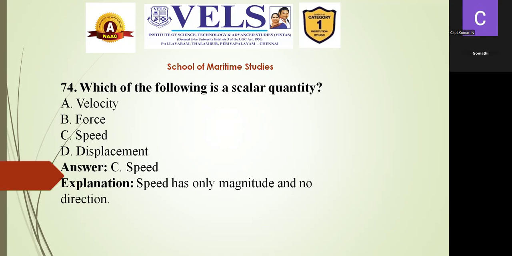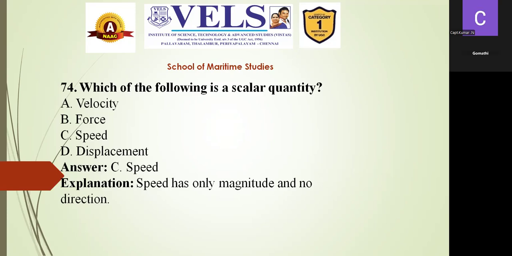Which of the following is a scalar quantity? First, we need to know what a scalar quantity and a vector quantity are. Vector quantities have both magnitude and direction, for example displacement.